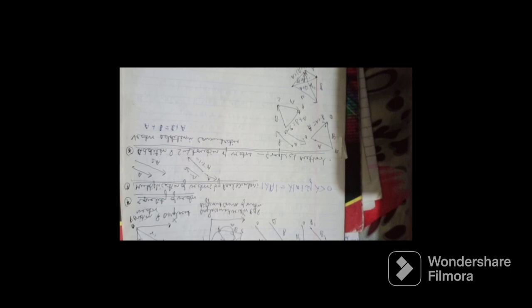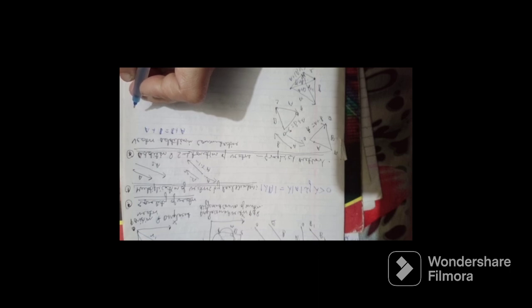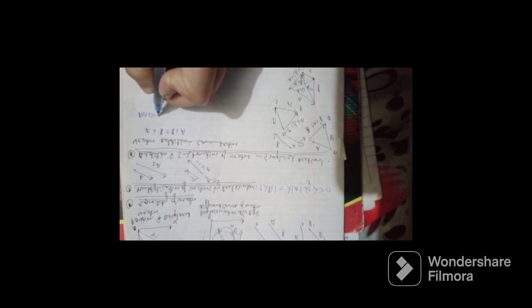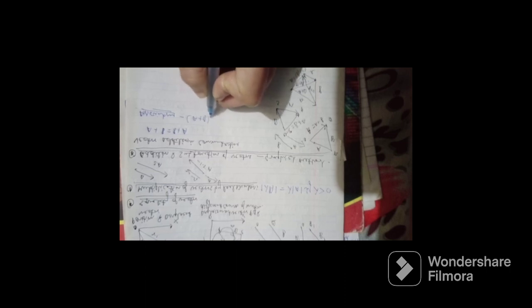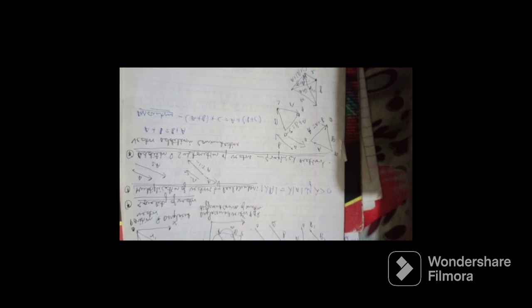As illustrated, the result of adding vector A and B first and then adding vector C is the same as the result of adding B and C first and then adding vector A. So for associative, it will give you A plus B plus C equals A plus B plus C. That is what we had to find out.